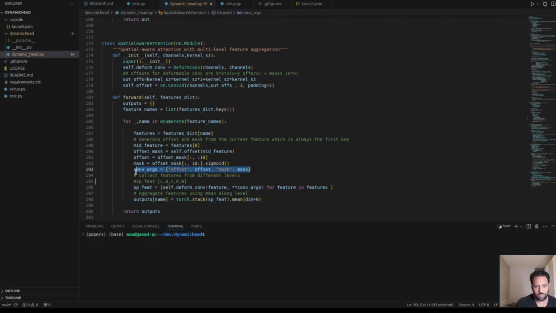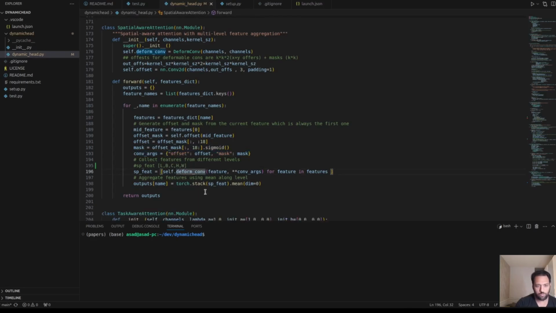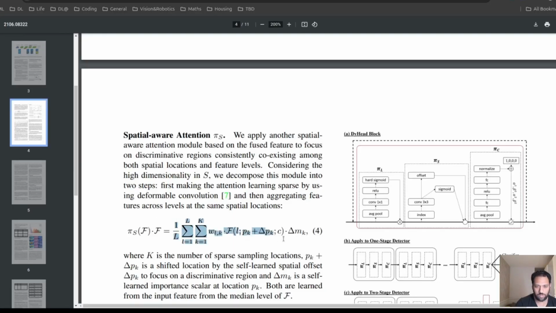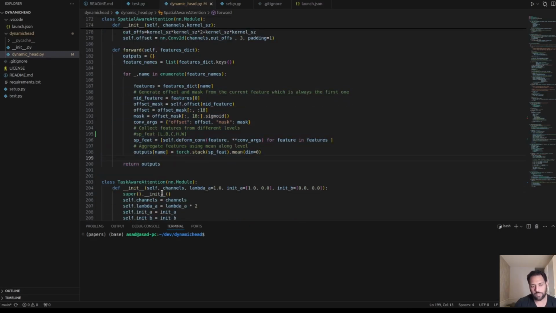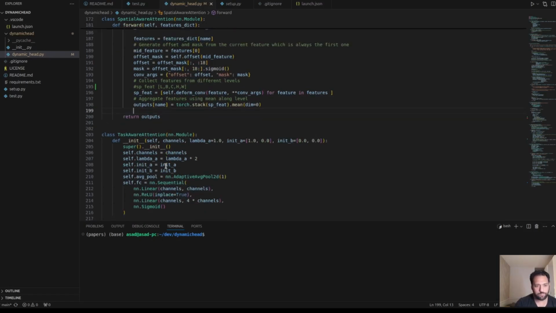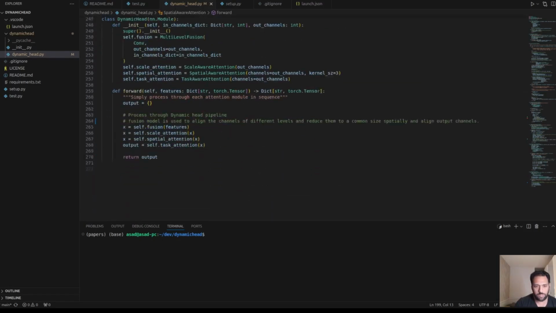So this will become the convolution arguments for deformable convolutions, and then we just capture all of them in a list and stack it across the 0th dimension, and then take the mean, right? So this will become the mean across the level dimension, and then the output is the same as the dictionary, but now the level dimension has been averaged out.